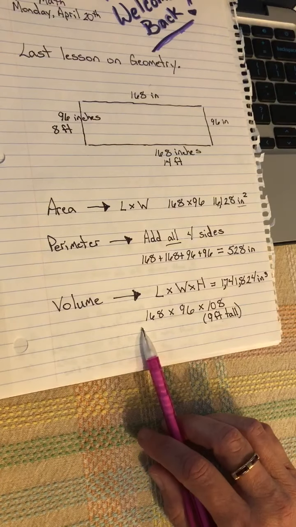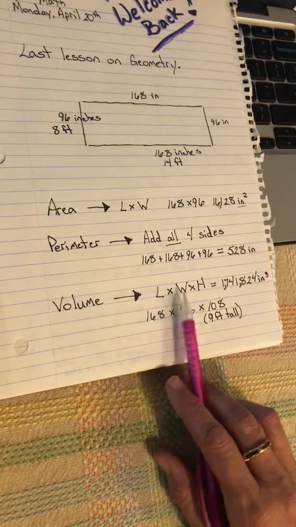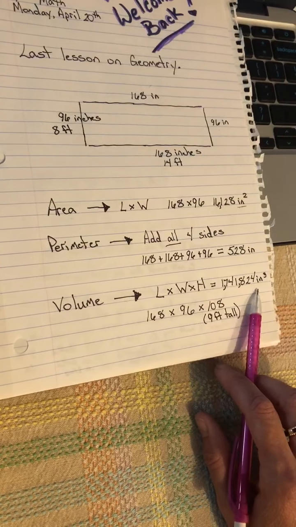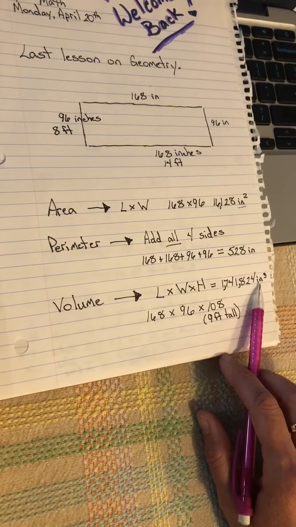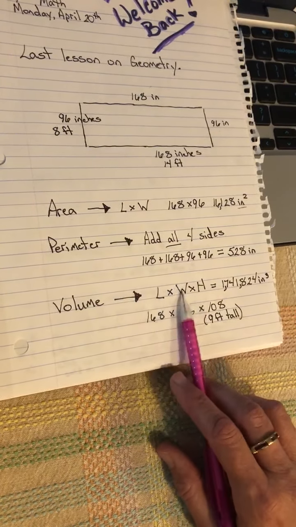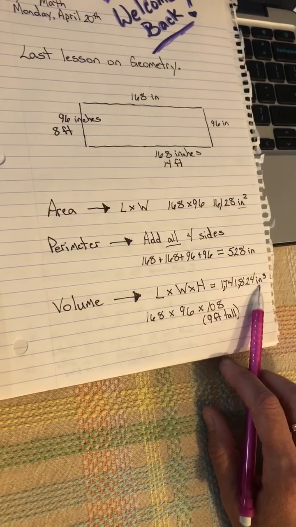So once again, volume deals with three measurements, length times width times height, and the unit of measure is always cubed because we are multiplying inches times inches times inches, which gives us inches cubed.